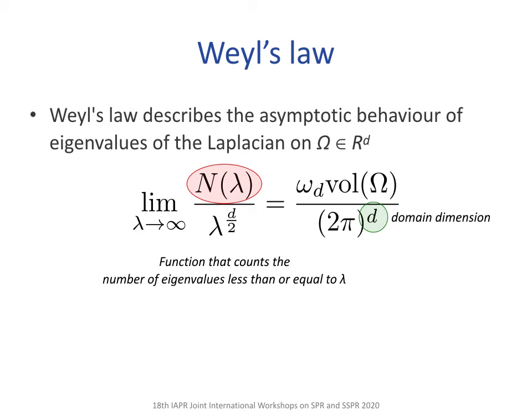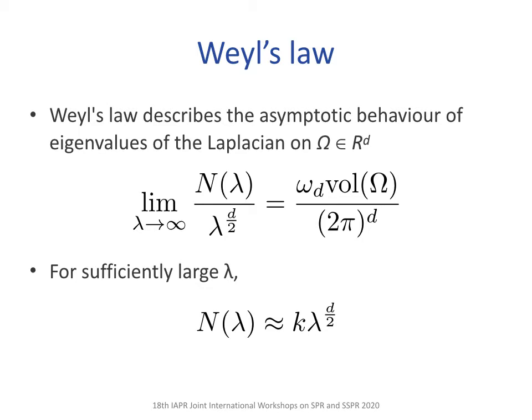So here in this equation, n lambda is a function that counts the number of eigenvalues less than or equal to lambda, and d is the dimension of the space, and the remaining bits depend on the volume of the domain. For sufficiently large lambda, we can rewrite this into the following relation between n of lambda and lambda, where we replaced all those other bits with k.